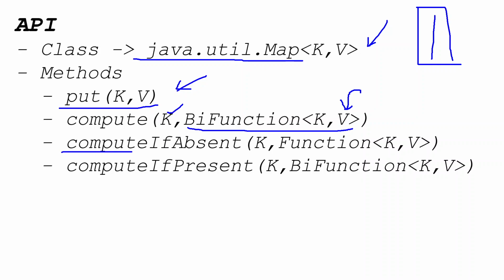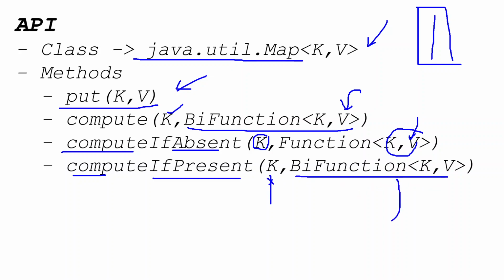Sometimes you say computeIfAbsent, that means if the value is absent, then whatever this function returns, you can store that value. Sometimes you say computeIfPresent, that means if this key exists, then do some calculation, and whatever value is returned is stored in this map.